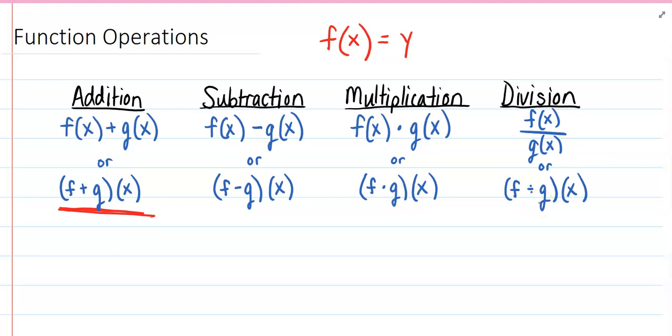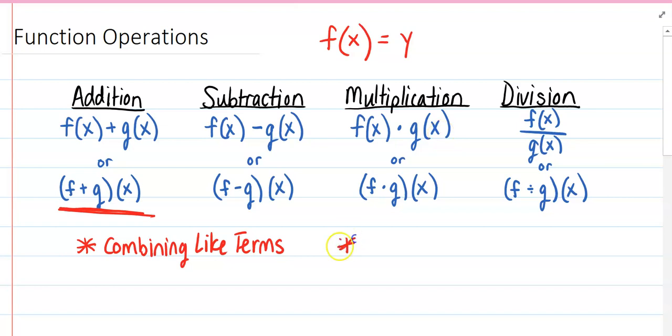Alright, when it comes to actually doing the operations, that's math we've done before, right? Not even just in this class, but in other classes too. So remember, with addition and subtraction, all you're doing is combining like terms. And if there are no like terms, that means you can't add or subtract them, so easiest problem ever, right? You'd be done. Multiplication would be like distributing.